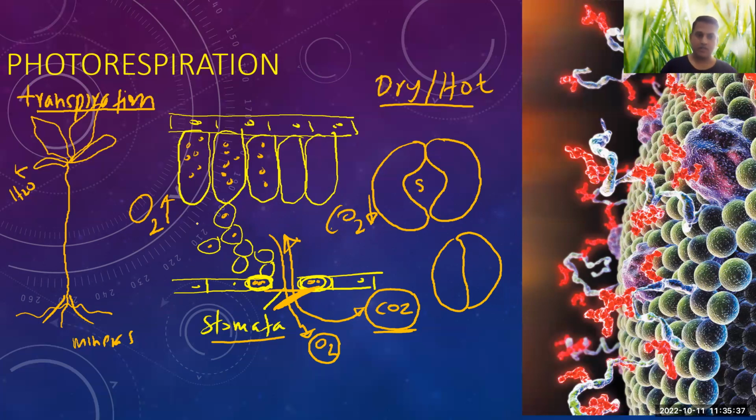Photosynthesis took place with the remaining carbon dioxide, but the stomata is closed at that time and oxygen cannot move out. So the net effect is that the level of oxygen is a little higher than the carbon dioxide. Oxygen level increases.